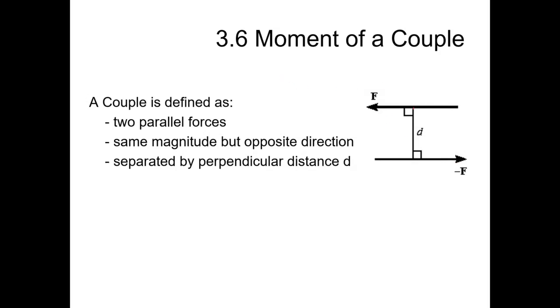The shortest distance between two parallel lines is a line which is perpendicular to both of them, that is D. So here the couple is simply F times D, and direction, in this case, that is counterclockwise, that is positive.